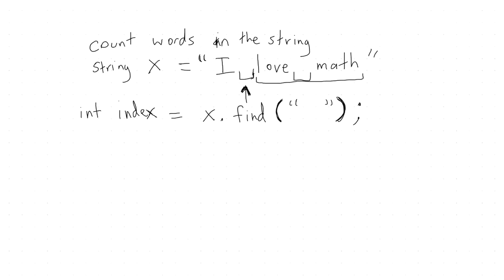So first I want to start a counter, or start at the front of the string. Sorry, I have to think about this a bit. Once you find a white space, then you know that there's a word after it. So after I find this index, what I can do is change the string.